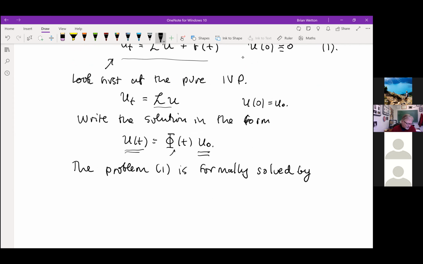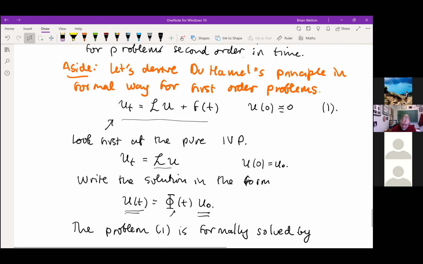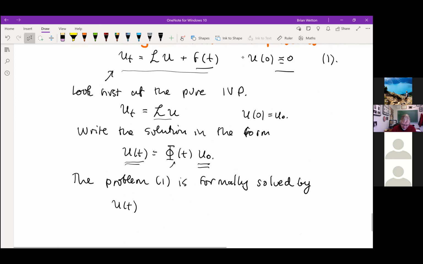By DuHamel's principle, in this case, I get the solution to the problem with forcing but no initial conditions by integrating the forcing over all the previous times, pretending that it's initial conditions at that time. Right, we've seen a bunch of examples of it, but this is the formal statement of DuHamel's principle for first order equations in time.